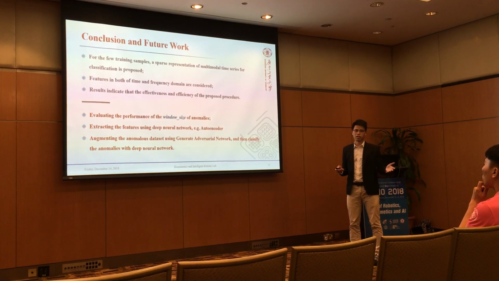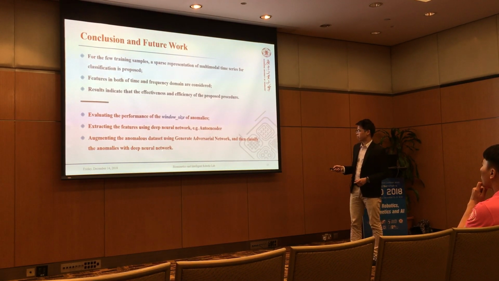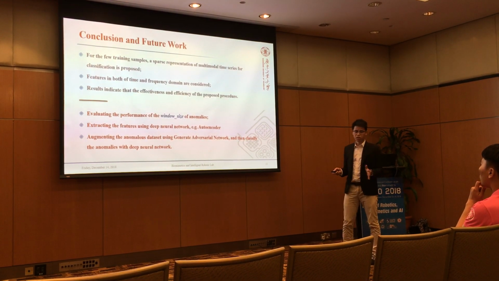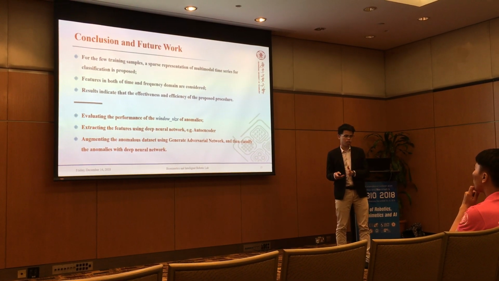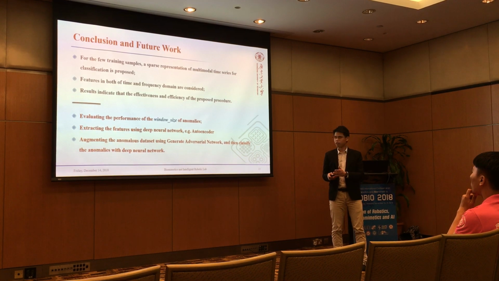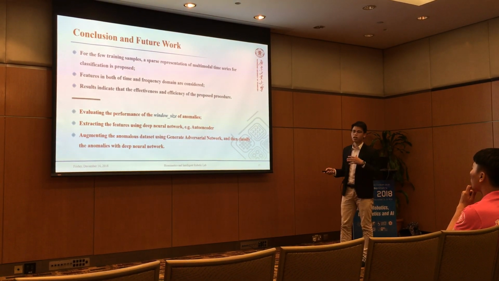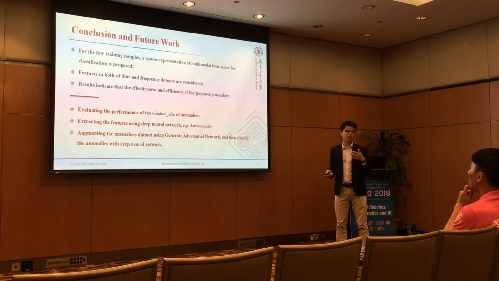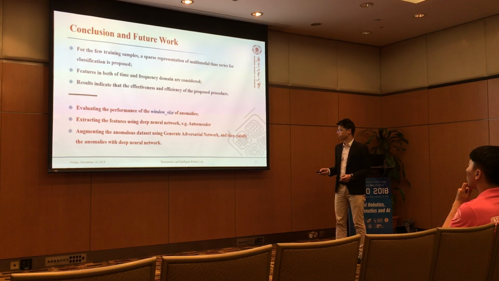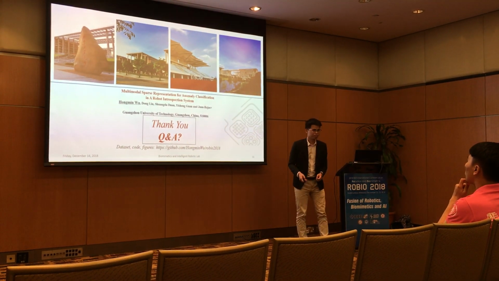That is also a good way, I think. And finally, during anomaly classification we need to record anomaly data, which is very dangerous for the robot. So we should use some kind of GAN network to generate synthetic data. Synthetic anomaly data is better. Okay, so thank you.